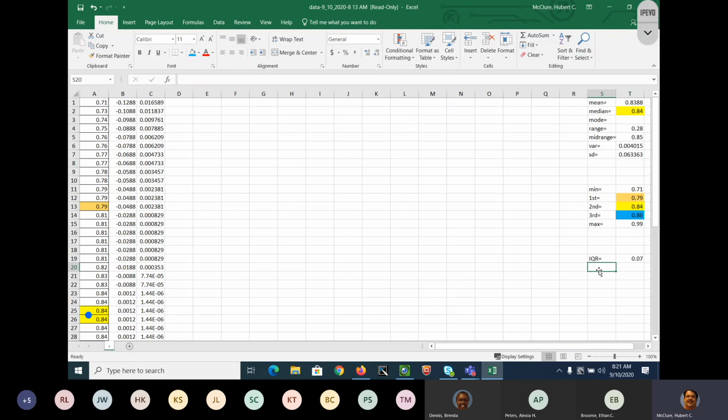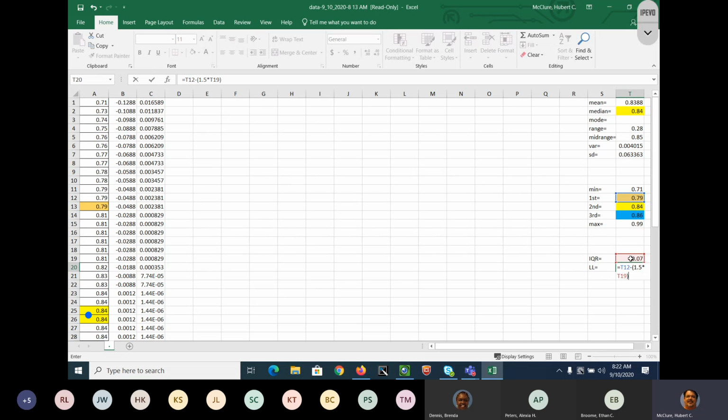And our lower level, to see if we got outliers, is your first quartile. So that's going to be equal to your first quartile minus parentheses 1.5 times the interquartile range.